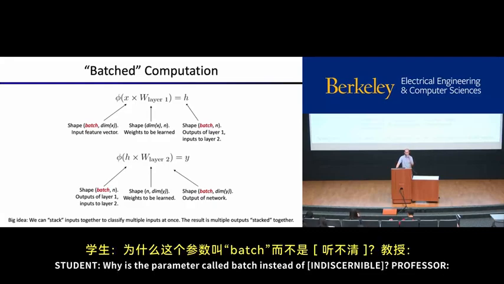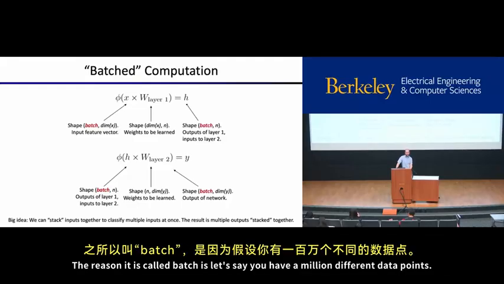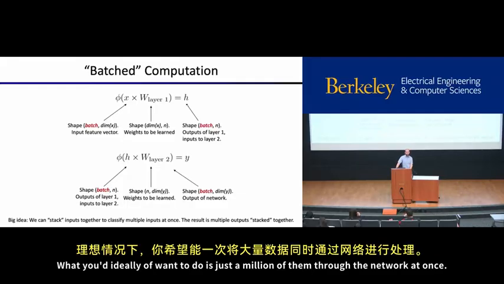Yeah? The reason it is called batch is, let's say you have 1 million different data points. What you'd ideally want to do is run all 1 million of them through the network at once.